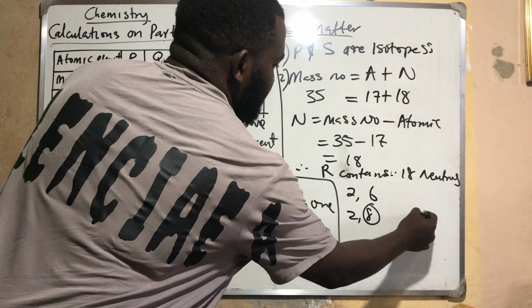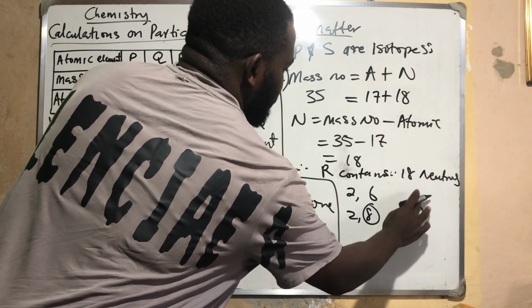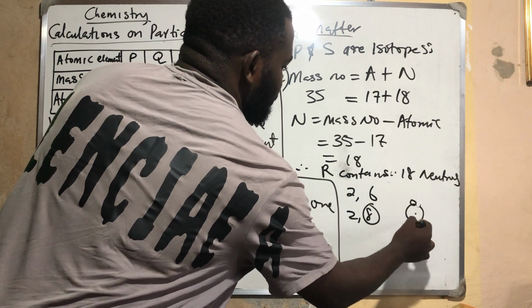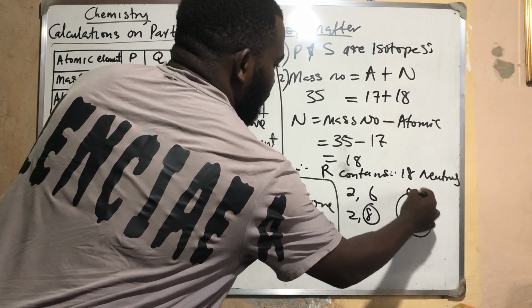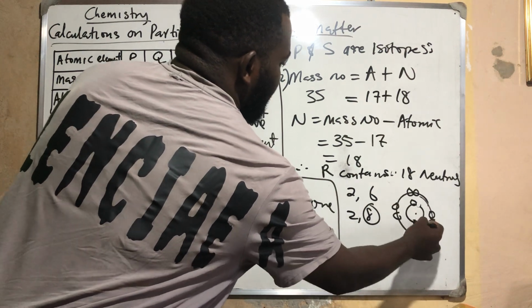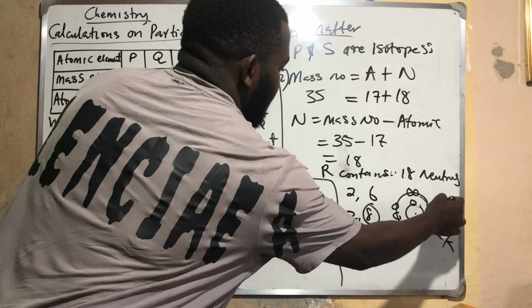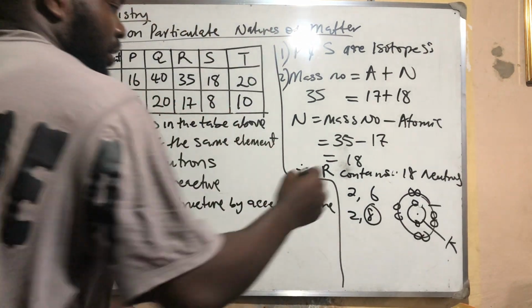If you look at that, you see that this is the nucleus. I have 1, 2, then I have 3, 4, 5, 6, 7, 8, 9, 10. This is the K shell, and this is the L shell.